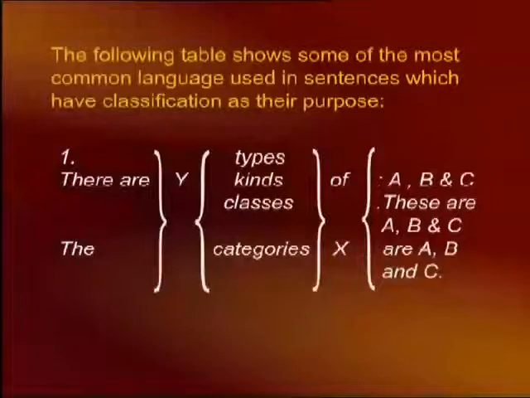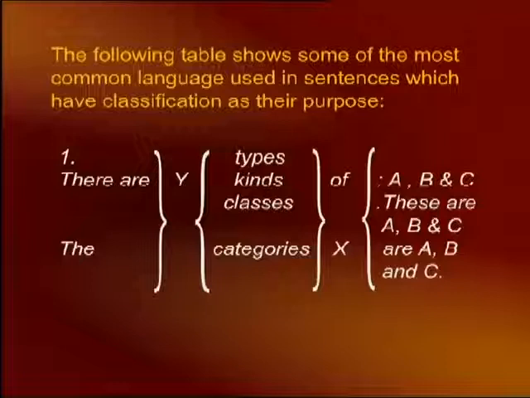Now, you will see a table, and some of the most common language that is used in sentences when you are writing classification is shown to you. And you will notice that there are three main ways. Number one, when you are writing a classification, that is the purpose of your writing. These are the expressions that are used in English.